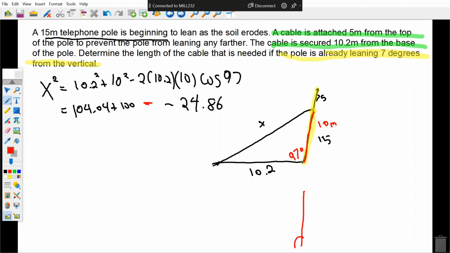We have to switch those to positive, just like you would have in grade 9. Now it's 104.04 plus 100 plus 24.86. X squared equals 228.9. Take the square root of that. We'll get, for the length of the cable, we'll just do it to 1 decimal place. This will be 15.1 meters.